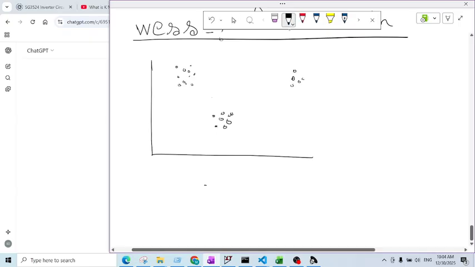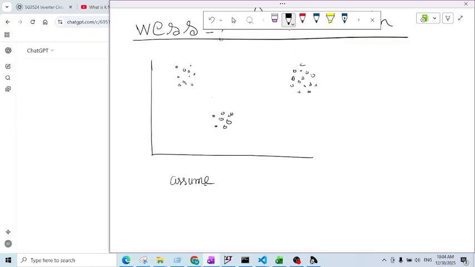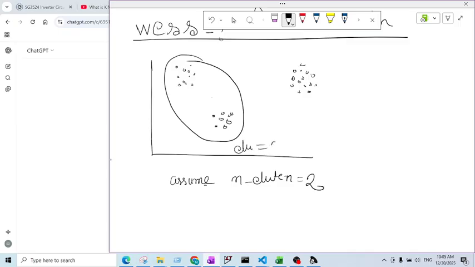Let's say you have some data that looks like this, and you don't know the number of clusters. Let's say you have assumed that the number of clusters is 2. That means you will assume that these are cluster 0 and these are cluster 1.